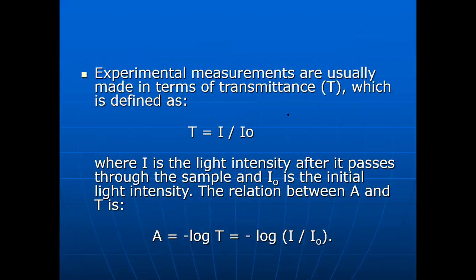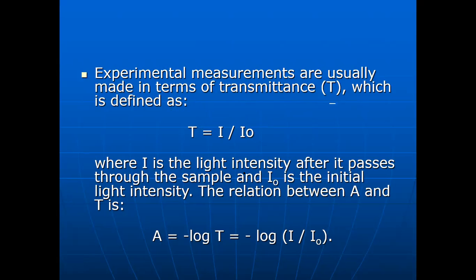Experimental measurements are usually made in terms of transmittance. Nowadays in soil laboratories we get readings in absorbance, mostly, but some old instruments give transmittance also. If you get the reading in transmittance T, we define T is equal to I by I naught.